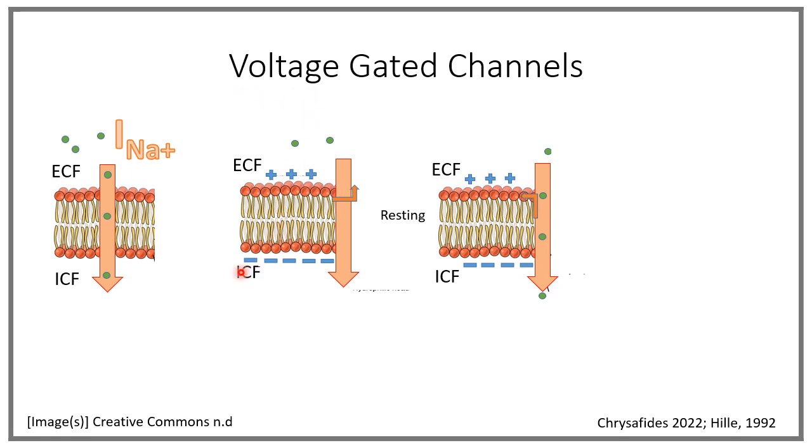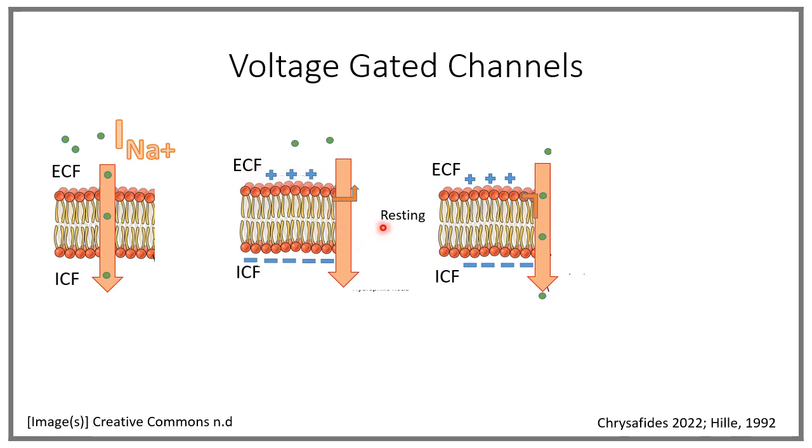So the membrane has a potential, or a difference in potential, as between the cytosol side or the intercellular fluid surface and the extracellular side. And here we've drawn some negative charges, just representing the fact that the potential on this side of the membrane is more negative than the potential on this side of the membrane.